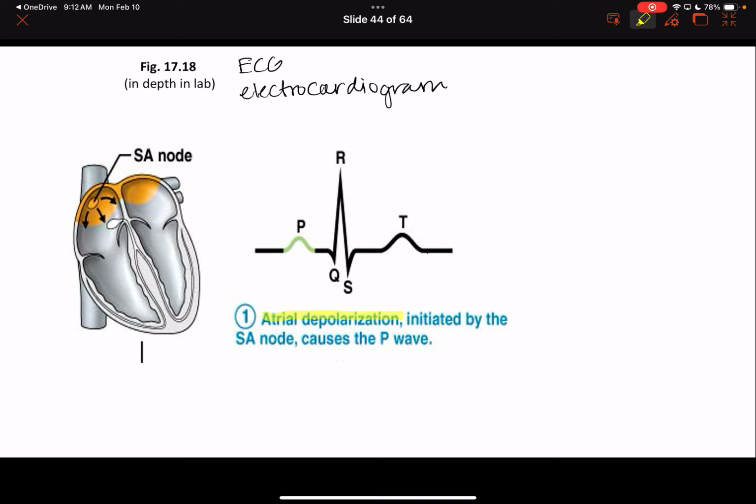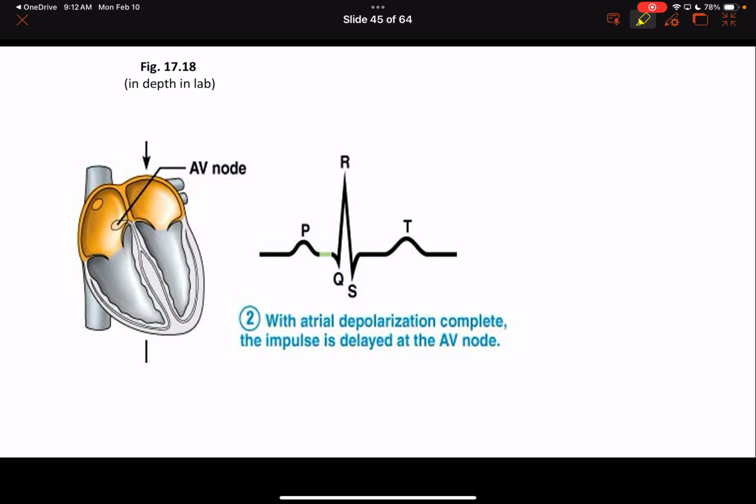Oh, it just shows you an ECG. Okay. So that's going to be atrial depolarization. Now the flat line in between that wave and the next wave, there's no electrical activity happening right there necessarily, but during that flat part, atrial contraction is occurring.